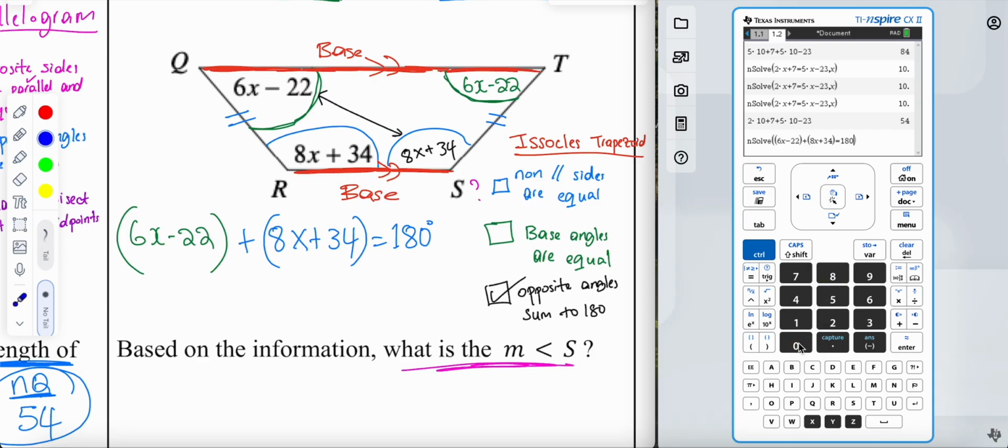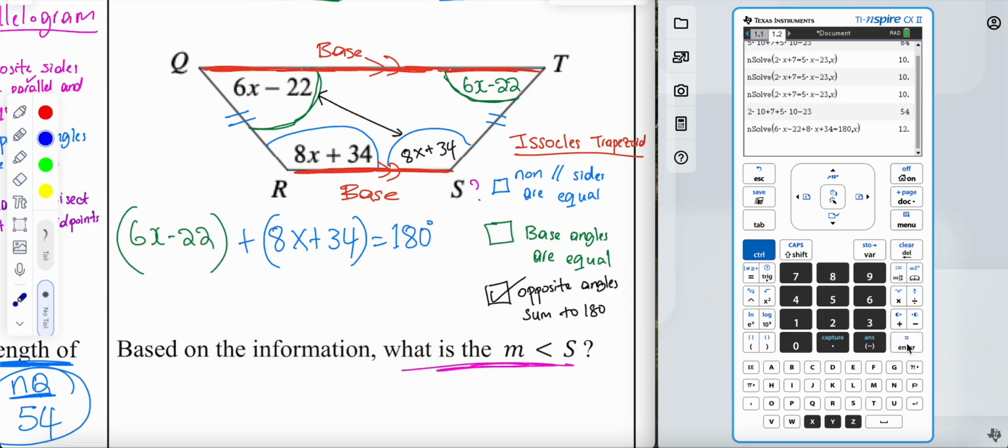When you're finished with your equation, you must put a comma. The letter is x, and then you hit enter. So x is therefore equal to 12.